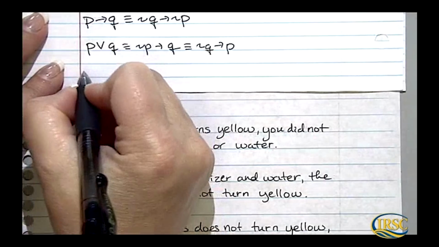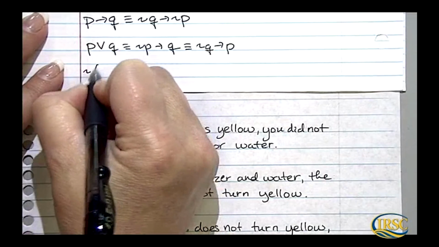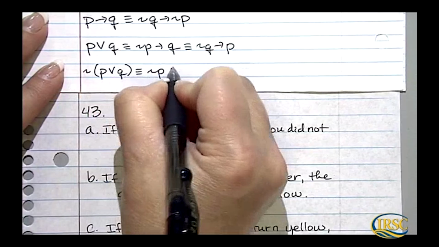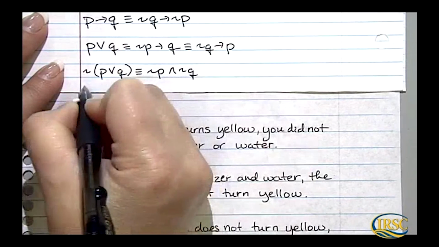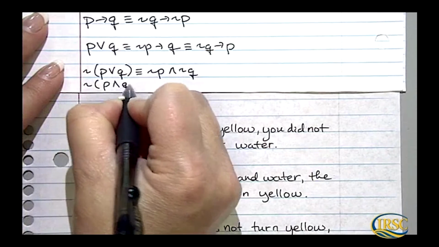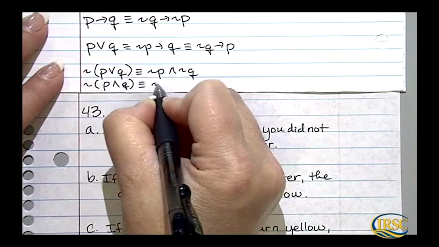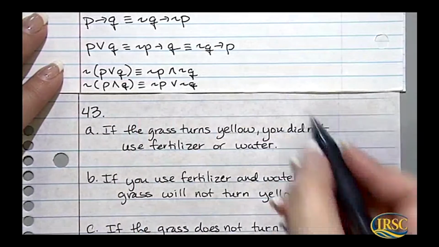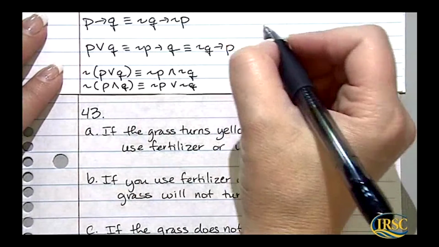And then we've got De Morgan's Law. And then we also have the negation of a conditional statement.